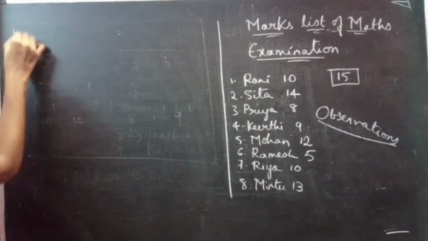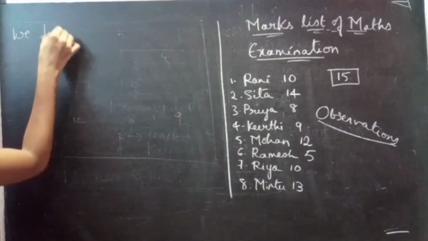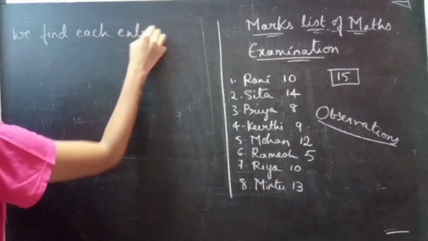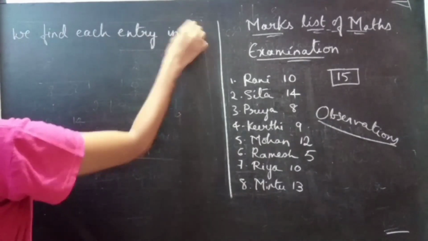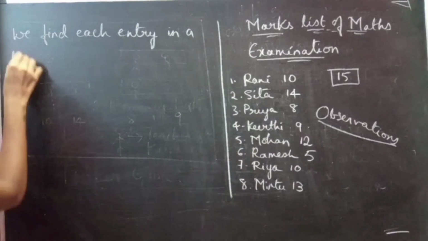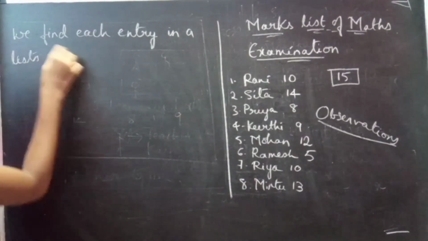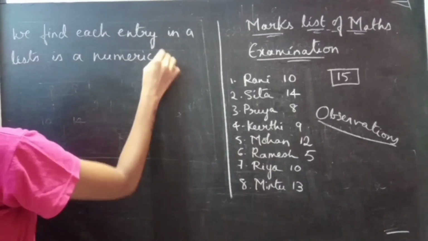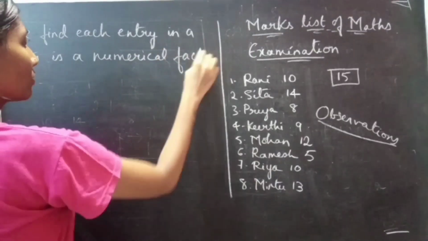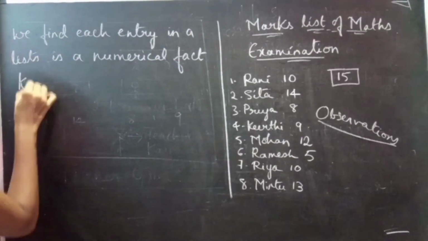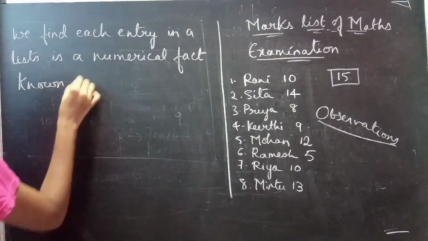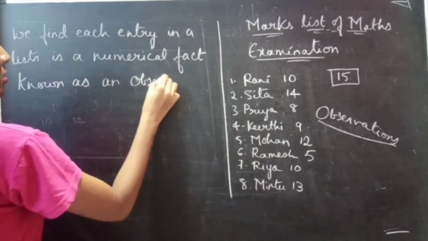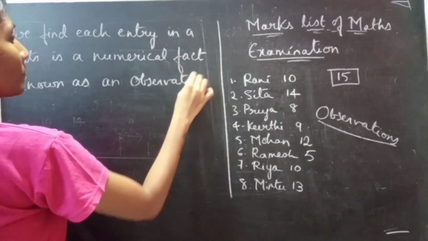Each entry in a list that is a numerical fact is known as an observation.